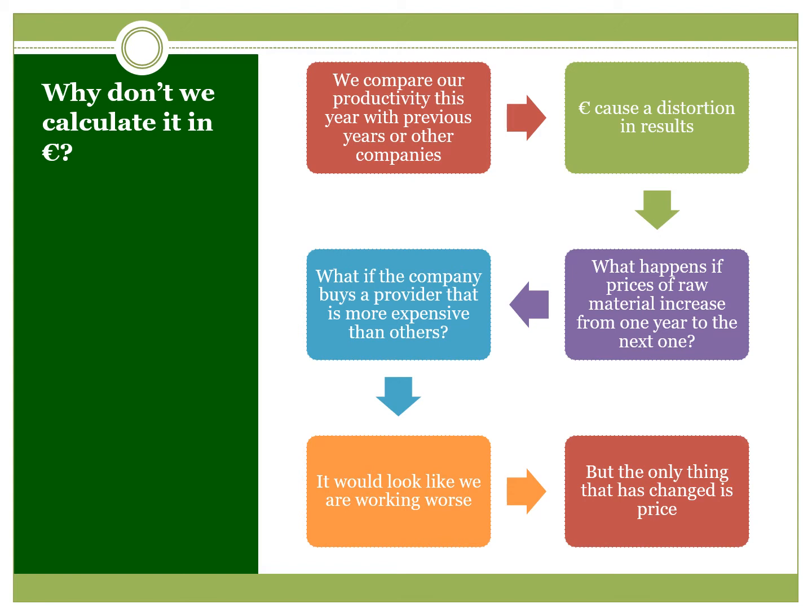The question is the relation between the number of kilograms of raw material and the number of units you can get from that raw material. So in these two cases, an increase of the prices or that you're not so good negotiating, it would look that the company is doing worse when it's not. The only thing that has changed is the price. And this is why we calculate productivity in physical units.